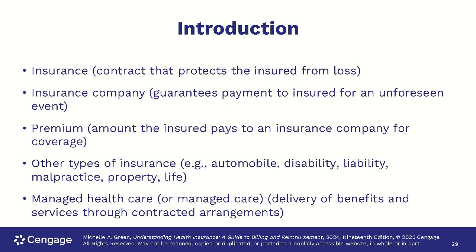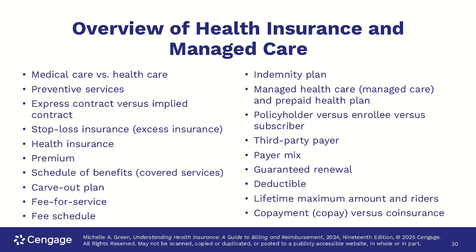And then as it relates to managed care, it's really about managing the patient's care by the least amount possible. And the goal is to keep the patients well and not sick.